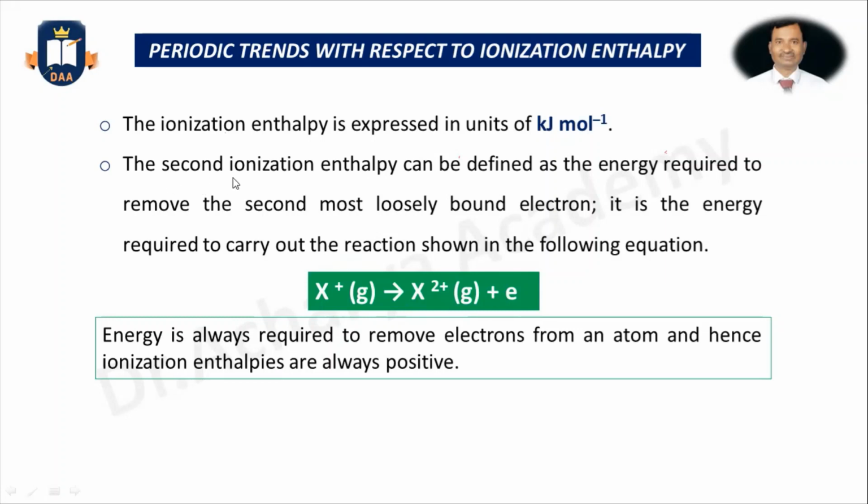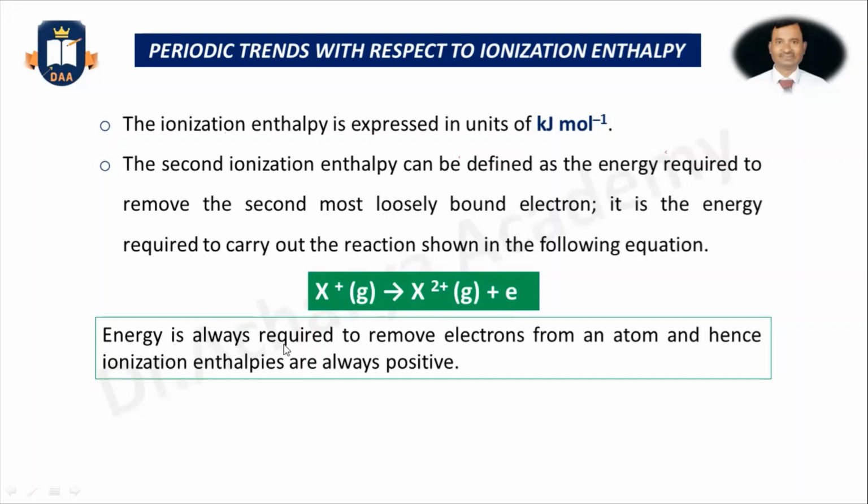So the second ionization enthalpy can be defined as the energy required to remove the second most loosely bound electron, and it is the energy required to carry out the reaction as per this equation.